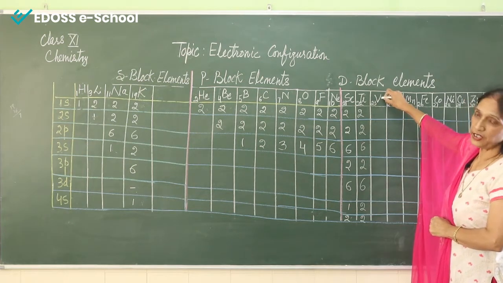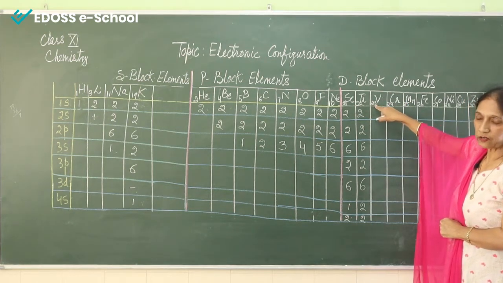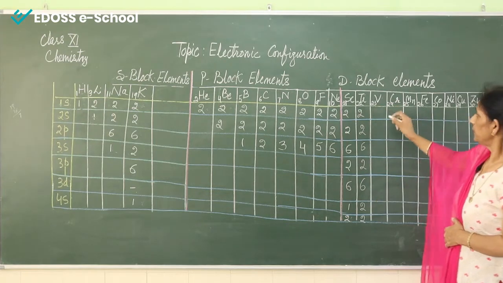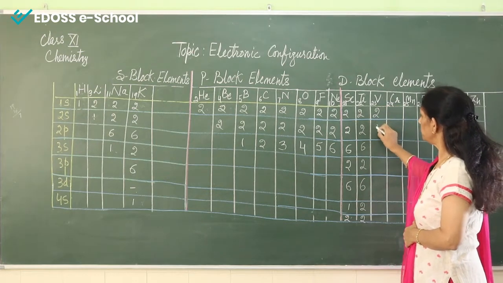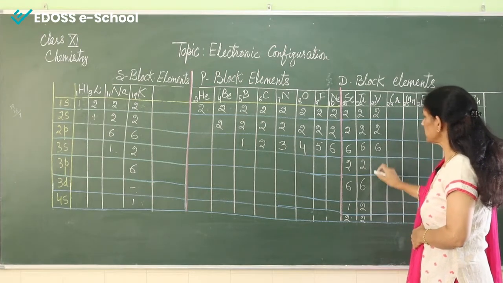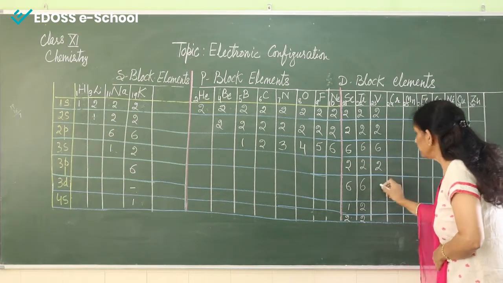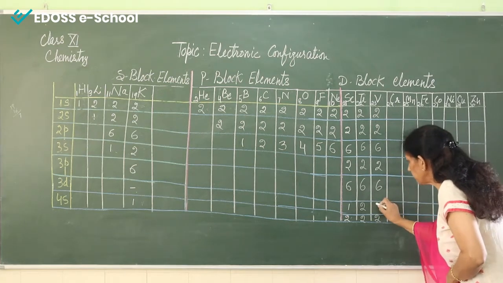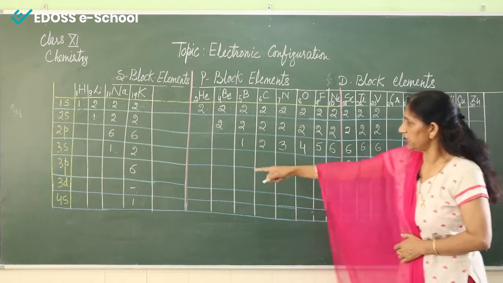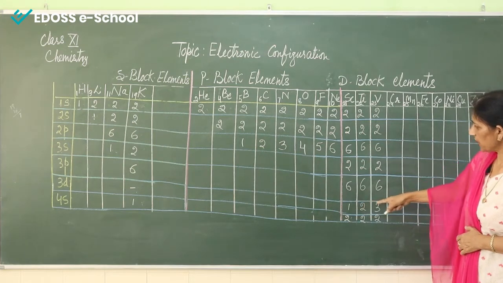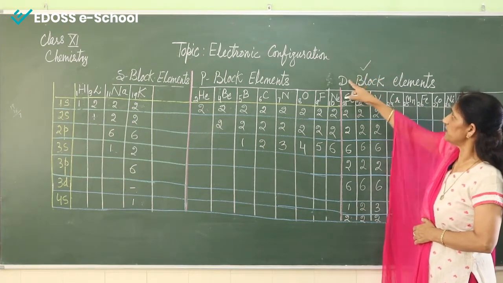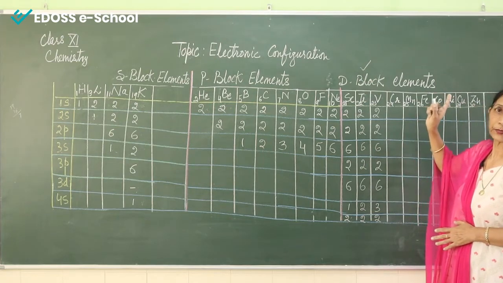Now coming to vanadium, 1 more electron, so this electron will now move in D. It will be 1s2, 2s2, 2p6, 3s2, 3p6 and 4s2, and this will be 3. In 3d, electrons are now moving in the D orbital also. So this is the reason they are known as D block elements.